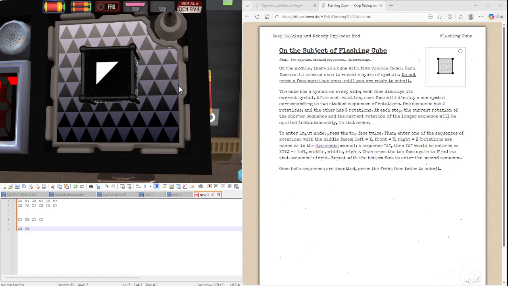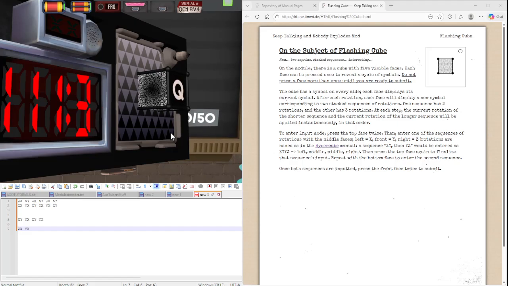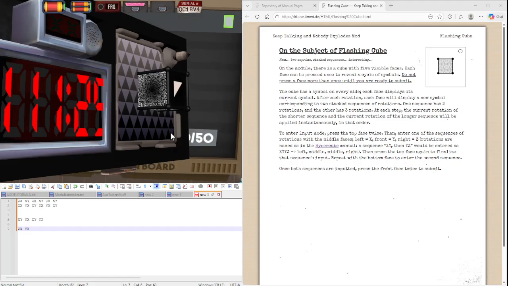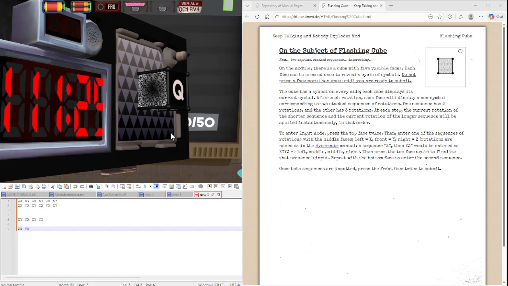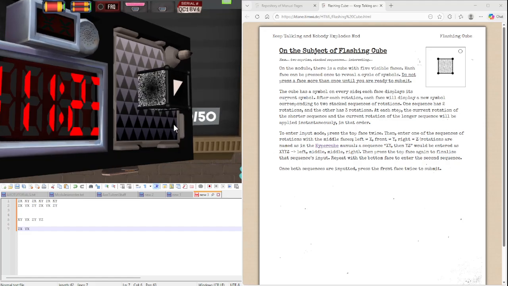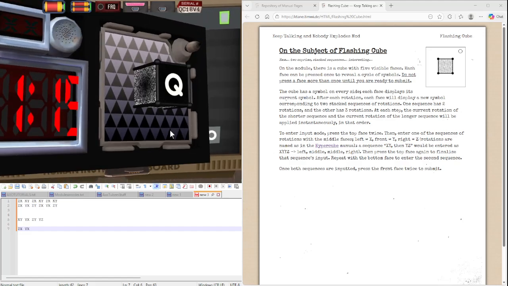So 1-3 after this, if dealing with x, y, z, x would be x, y would take us to here, and then ZX. So it should be the same orientation but on the bottom face. Right.